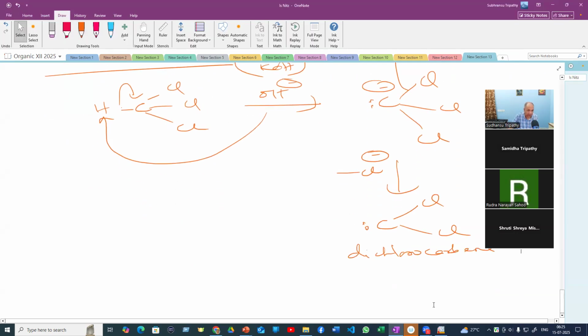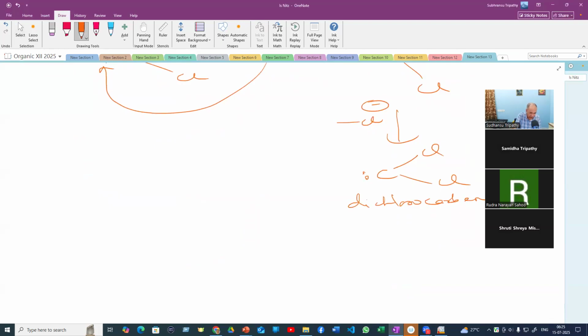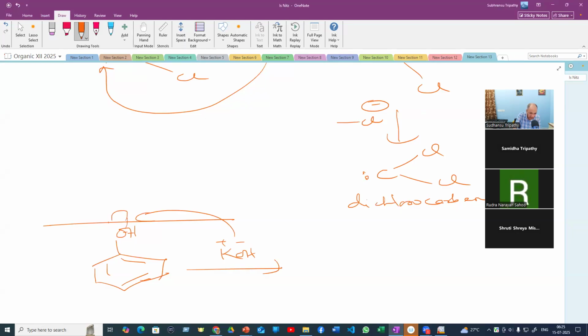Now coming to the aromatic moiety, phenol. I'm deliberately keeping the double bond here. With 1 mole, this is the first mole of OH minus, that will remove a proton so that you get the corresponding phenoxide ion.